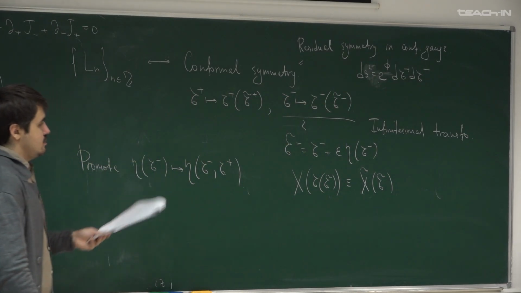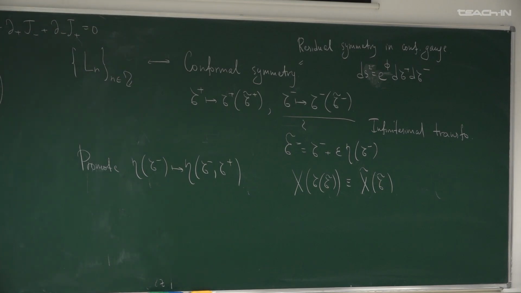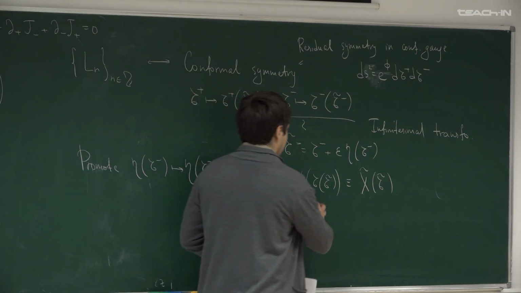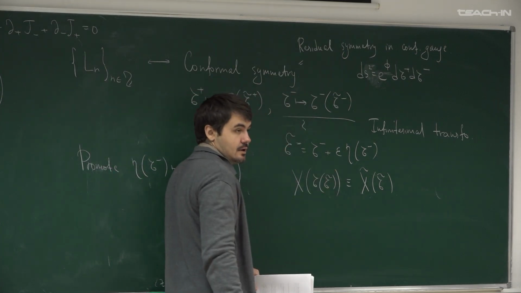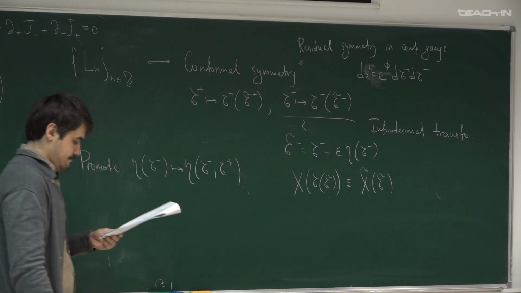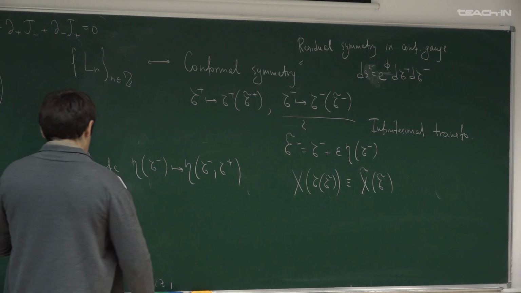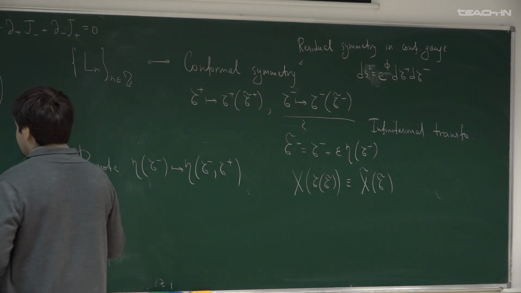So we view this as some new map, right? Which is in principle arbitrarily close to the original one, up to terms of order epsilon. Okay, so now we want to substitute it into the action.